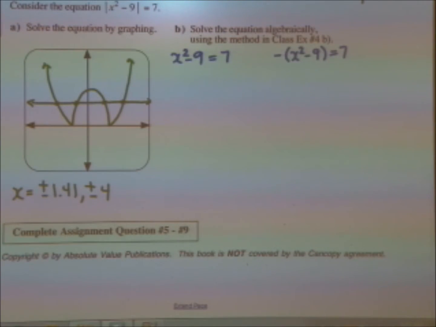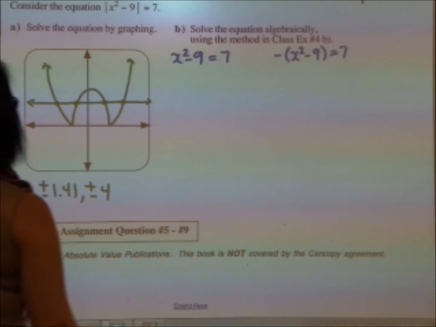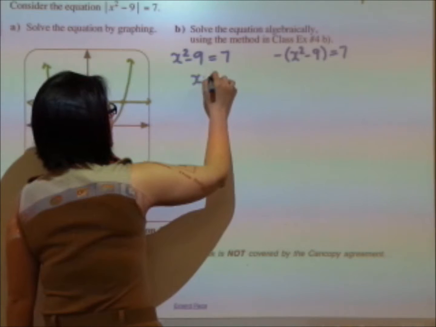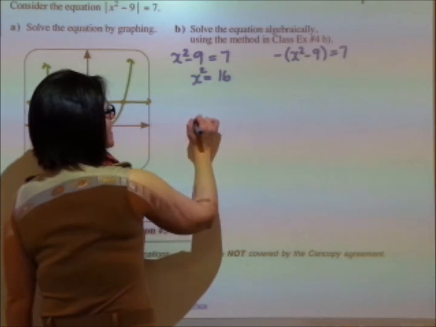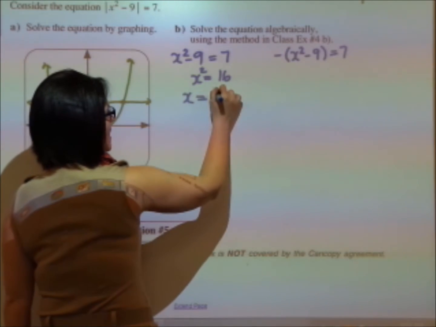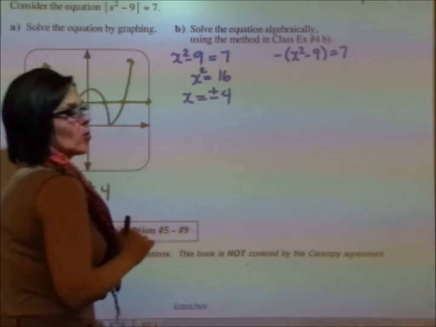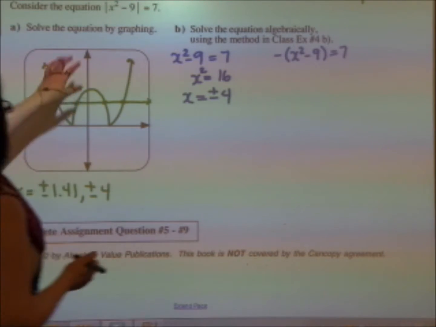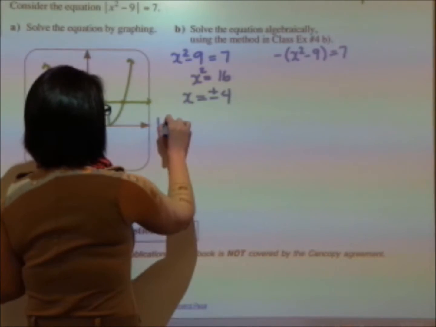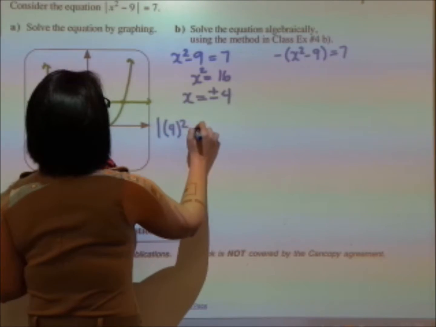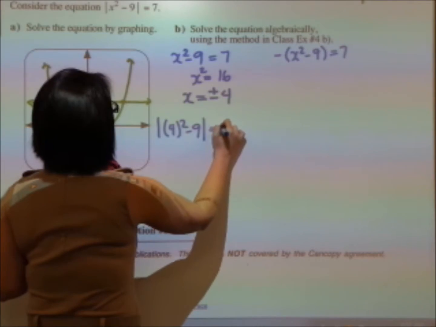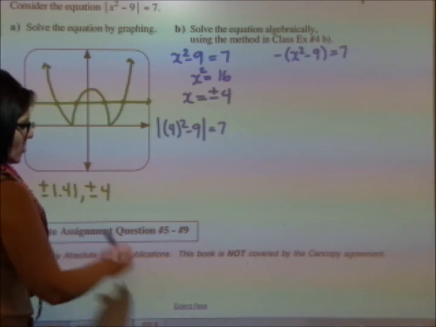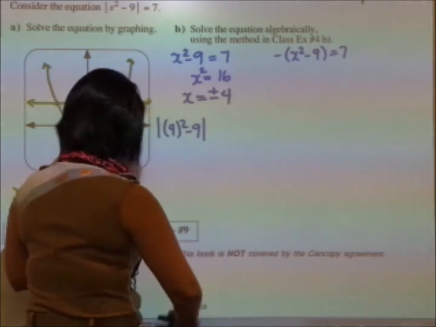So if we solve the first equation, the positive equation, add 9 to each side, I get 16. Take the square root of 16, and I get positive and negative 4. So then if I check that, I get the absolute value of 4 squared minus 9, which is supposed to equal 7.